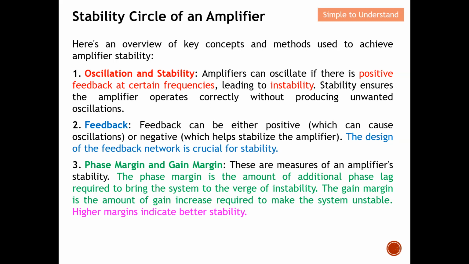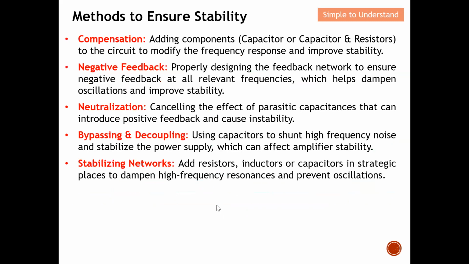Same for gain: the gain margin is the amount of gain increase required to make the system unstable. We need the phase margin and gain margin to be as high as possible. When they are high, there is better tolerance against instability. In short, the higher the margin, the better the stability.